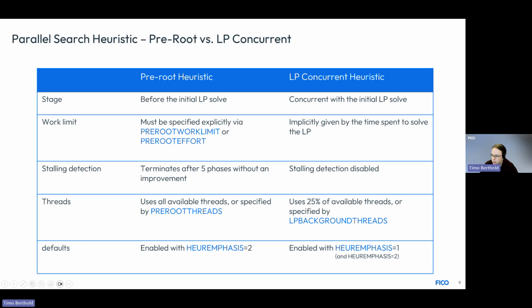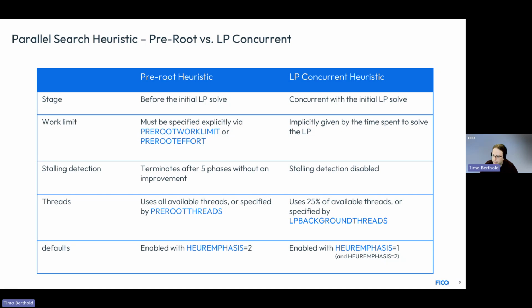This is also something that a lot of our clients are using for problems where the focus is on good primal solutions and a small gap rather than an optimality proof. Here, our new LP concurrent heuristics will from now on run in the background. For pre-root heuristics, those would only be enabled with heuristic emphasis equals 2, or with one of those settings here.